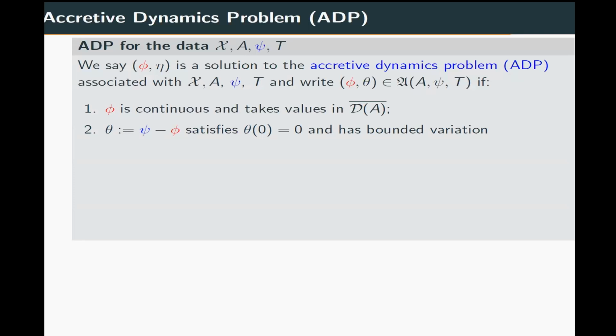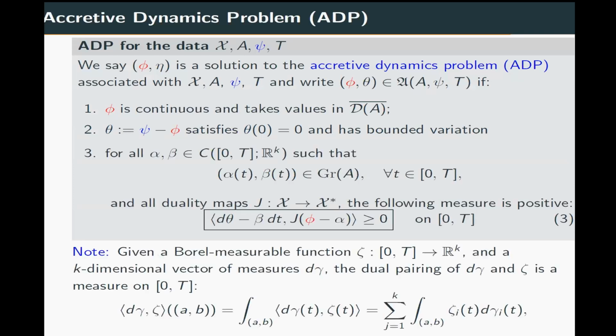And then this difference, theta, you should think of as minus the pushing term, so it's minus eta, what we had, and has bounded variation. And it satisfies this condition that says in what direction I push. I'm not expecting you to even look at that. But I'm just saying there is a condition you can put in terms of the duality mapping that tells you which directions you're allowed to push or grow in, because this is not necessarily a Skorokhod map. This is just any dynamical system. A could be any operator.